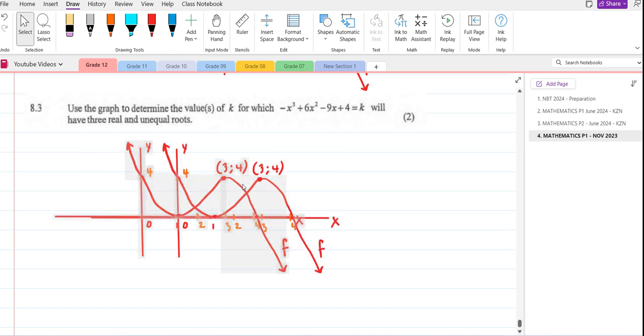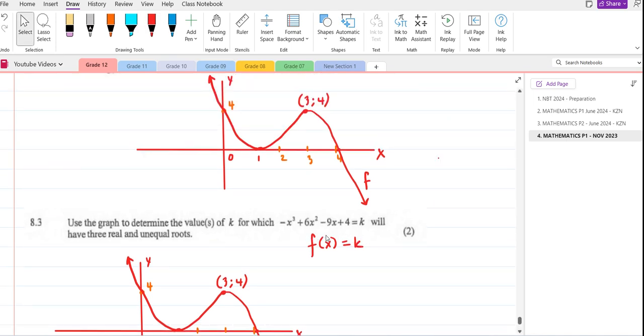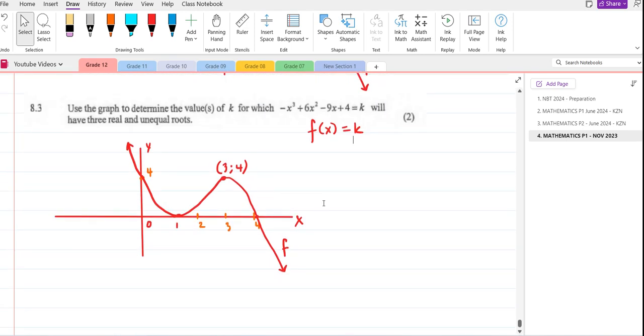Is this function f of x equal to k? Yes, it is. It is minus x cubed plus 6x squared minus 9x plus 4. So it is f of x equal to k.